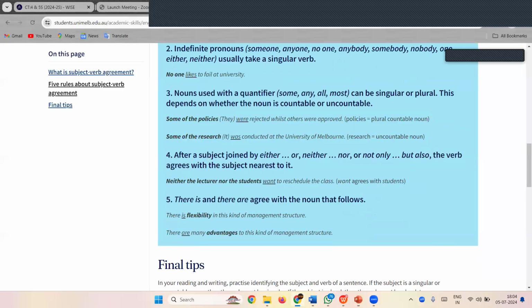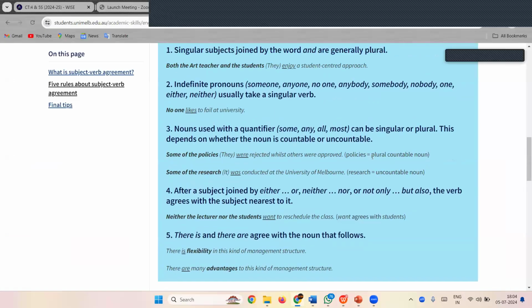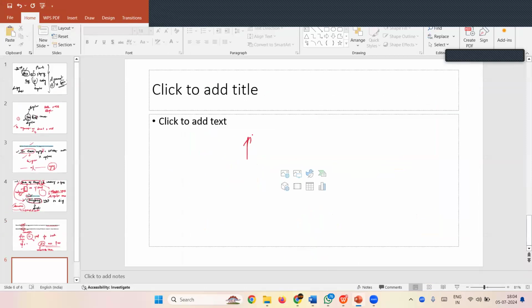Next rule. So did you understand this rule? When it comes to plural countable nouns, you use the verb, the verb will be plural. So what is the rule actually? Whenever you use plural countable nouns, your verb should be plural.